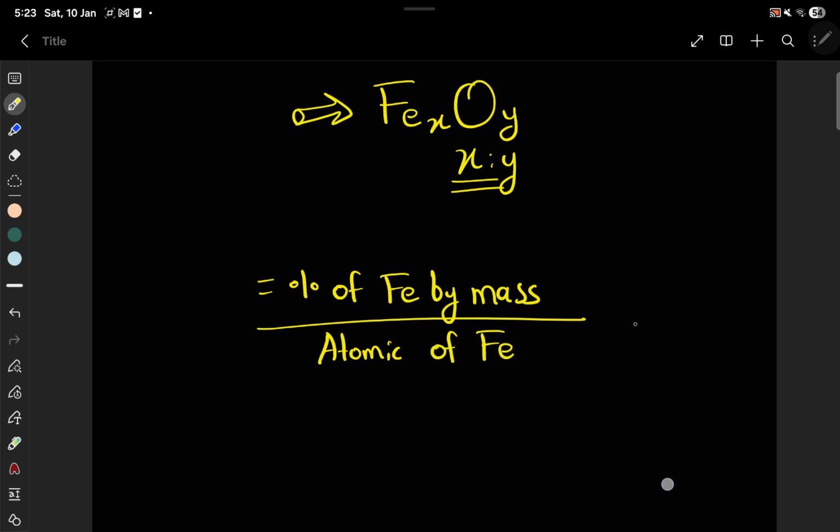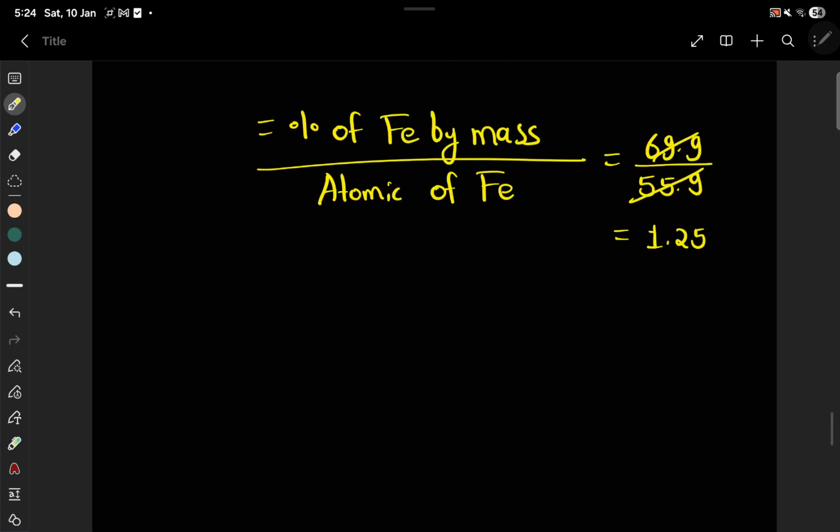The percentage of iron is 69.9 percent, and the atomic mass of iron is 55.9. Just remember this value, it is going to help you in further questions. If I simplify these values, I get an answer of 1.25. That's the value of x.